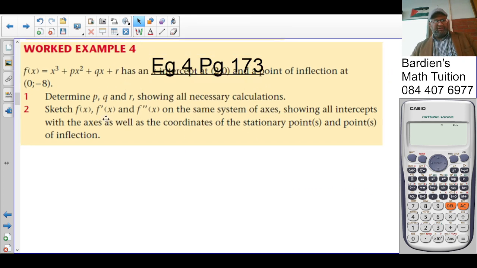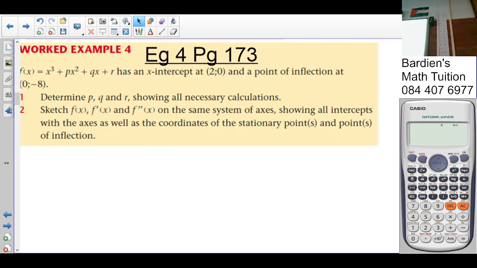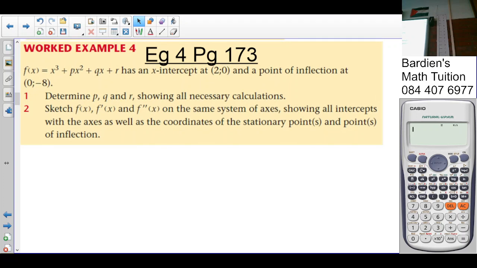Here we are told that f of x equals x cubed plus px squared plus qx plus r has an x-intercept at (2; 0) and a point of inflection at (0; -8). Determine p, q and r, showing all necessary calculations.